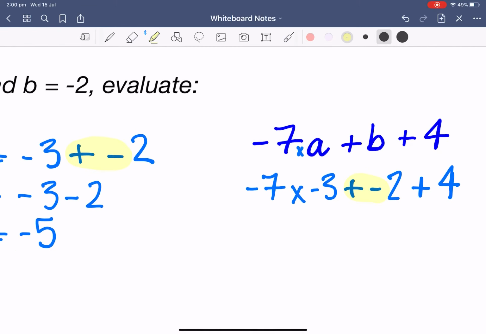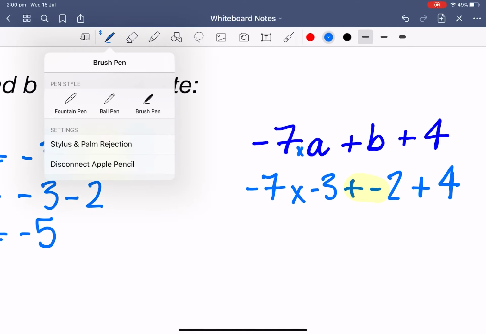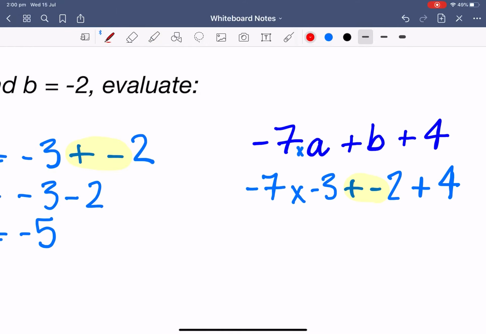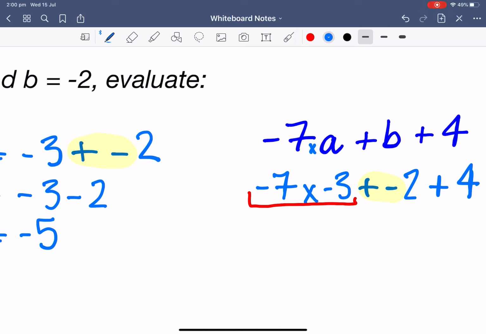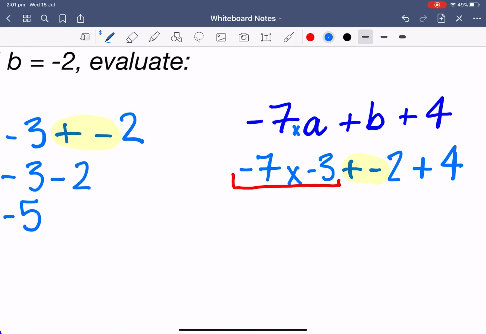Now, the first thing we need to do, remember, with BODMAS is to work out the multiplication, okay? So you first want to do -7 times -3. And remember that when you have two negative values and you multiply them together, you get a positive value, so you end up getting 21. Now, we don't need to write the positive in front, we just know that it's positive, okay?